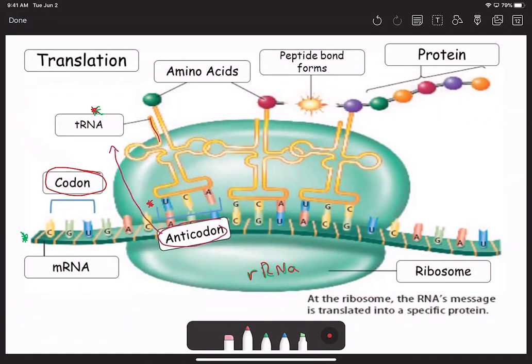The anticodon is complementary to the messenger RNA. Remember, C goes to G, G goes to C, U goes to A. Here's our codon, and here is the anticodon.